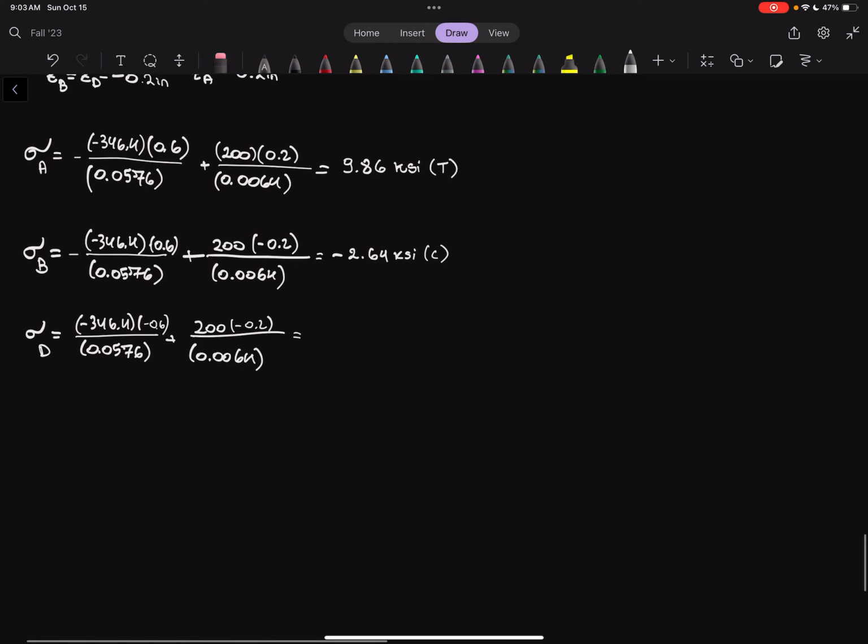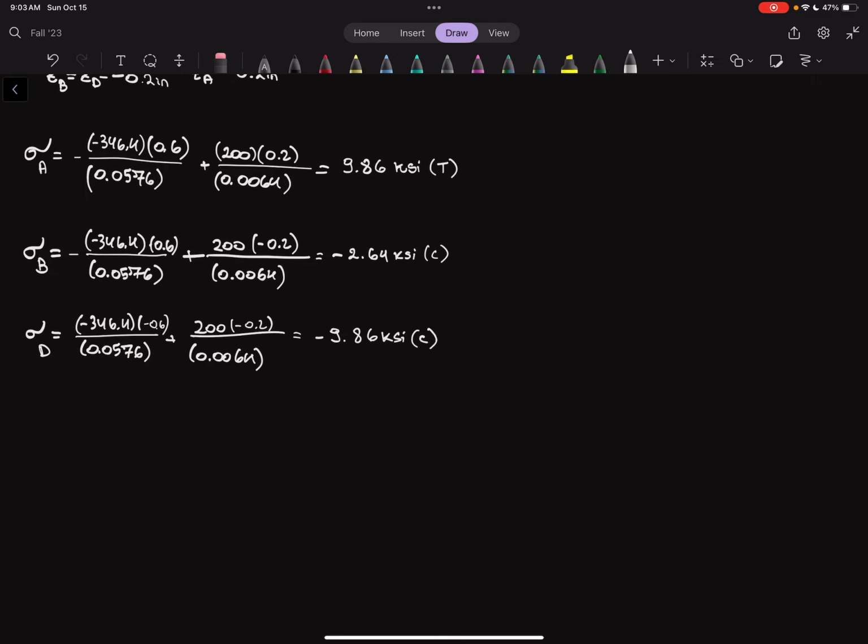So this is going to be negative, and this negative, and here they were positive and positive, and the magnitude is the same, so we have the same magnitude with the opposite sign: minus 9.86 KSI, compression.